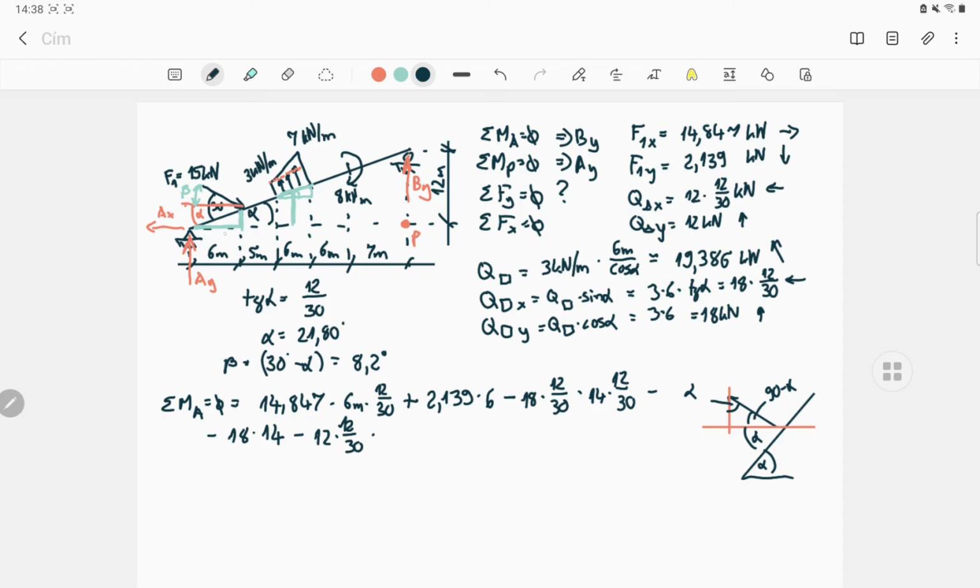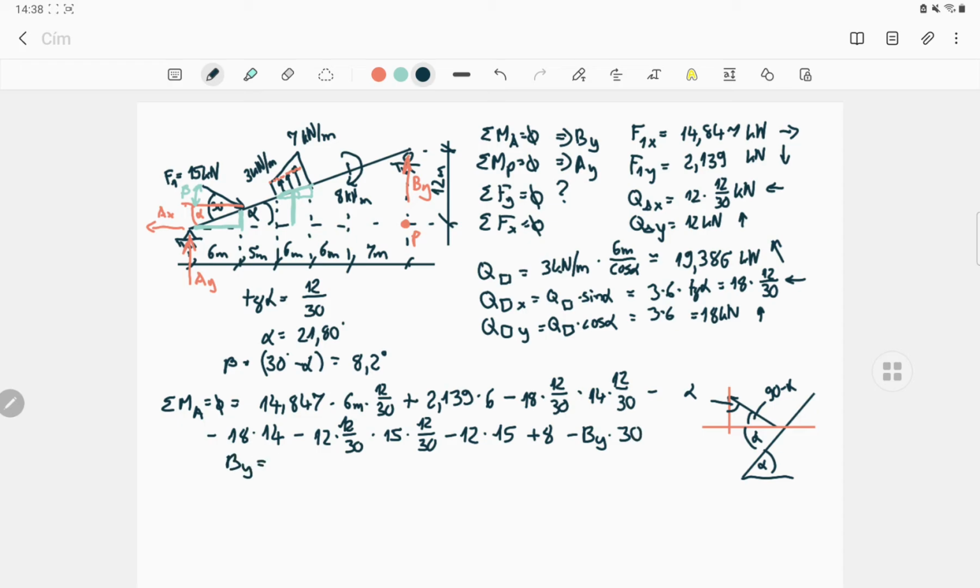So how many is that? Okay, 11 plus 4 is 15 times tangent, because we need the vertical part. And the Y component is 12, distance is 15. Okay, and we need a positive 8 from the moment. Just 8, don't multiply with anything, it's a concentrated moment, and minus By times 30.